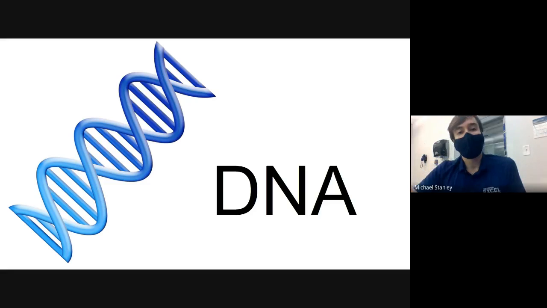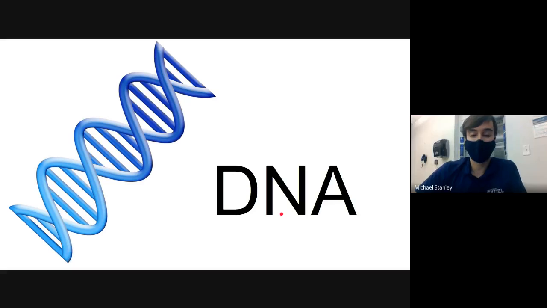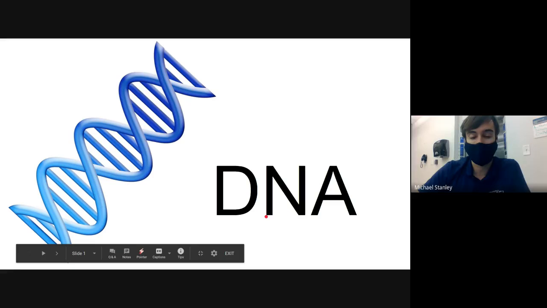So, quick history lesson about DNA. For a long time, people knew that there was DNA in our cells, but they weren't quite sure what it was or what it looked like. They knew it had some different important parts on it that we'll talk about in a second, but they weren't quite sure how those parts exactly fit together to make this kind of helix structure that we now know as DNA.